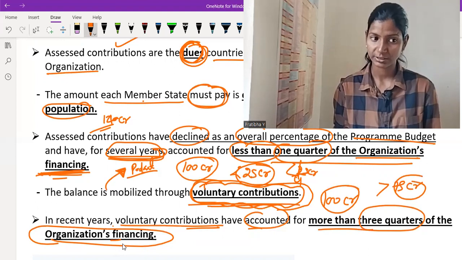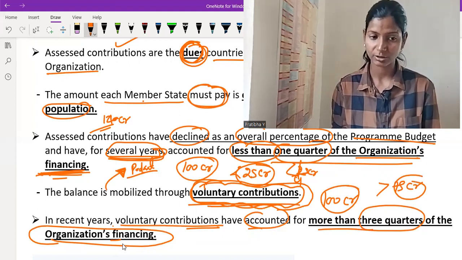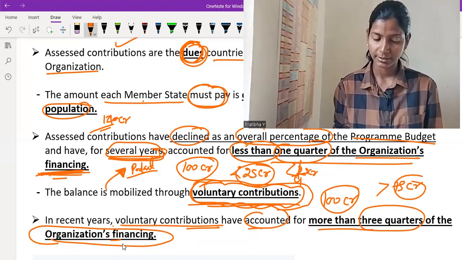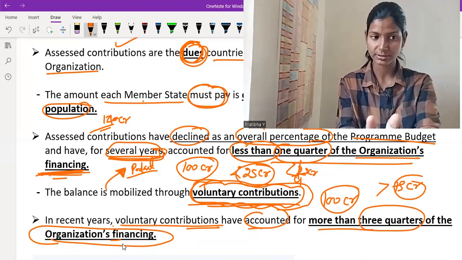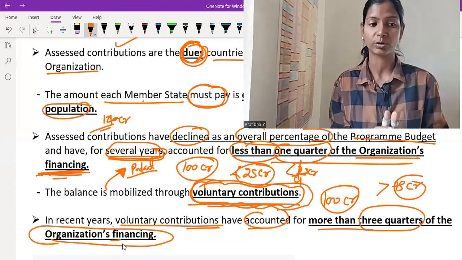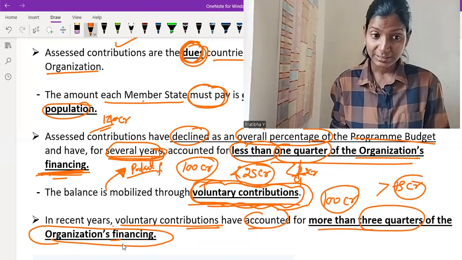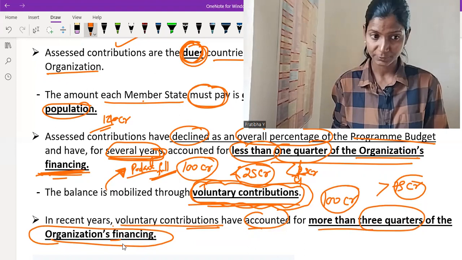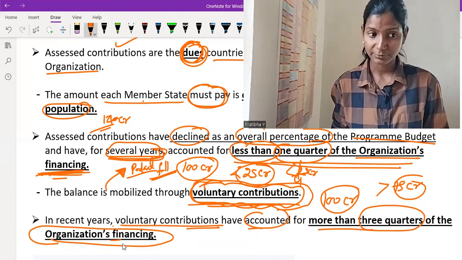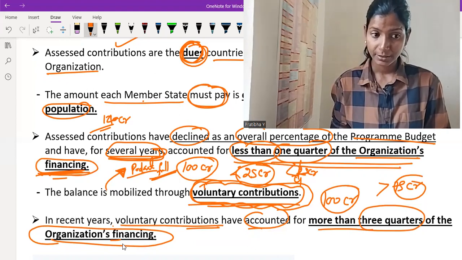Okay, both are different. Earlier I understood, in terms of language, that assessed contribution is voluntary. No, assessed contribution is what countries must pay to fill the organization's financing gap.